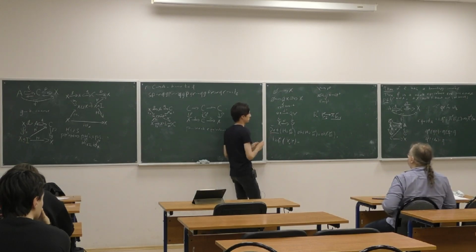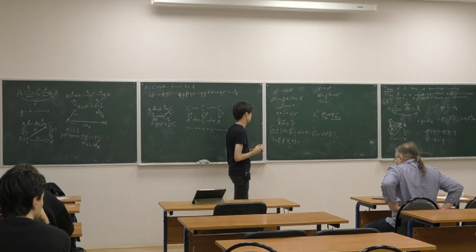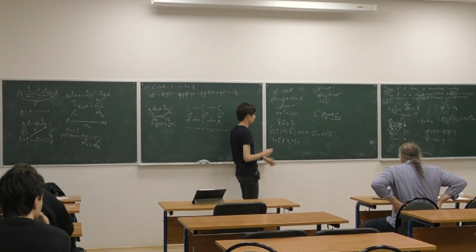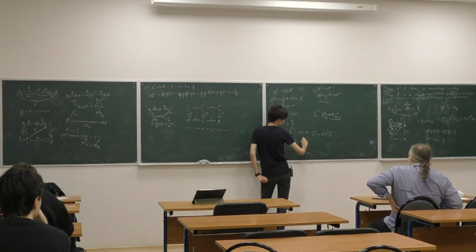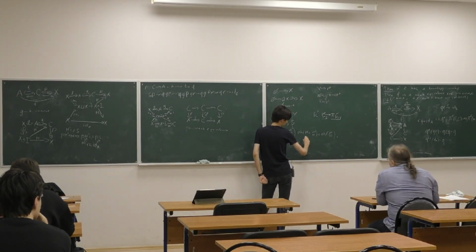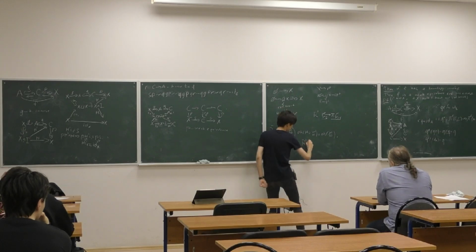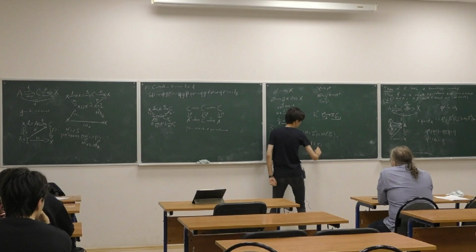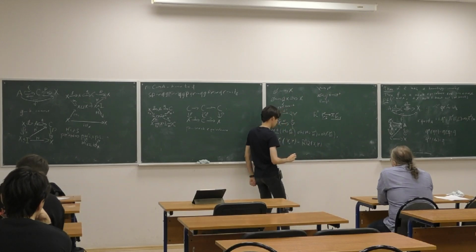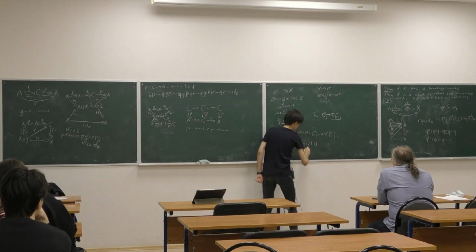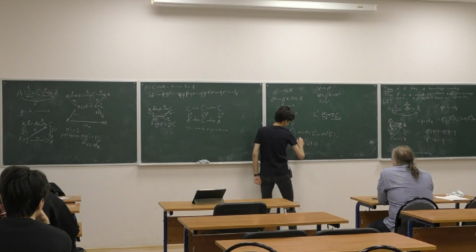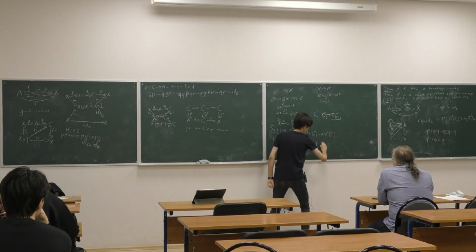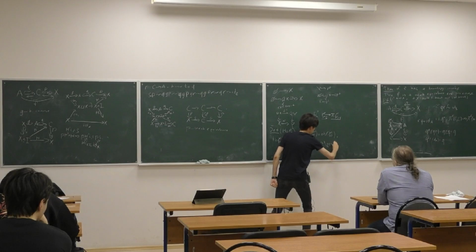Okay, so let me finish the alternative definition. So this is R prime Q of x, y. R prime Q of x, C of this R prime Q of y.